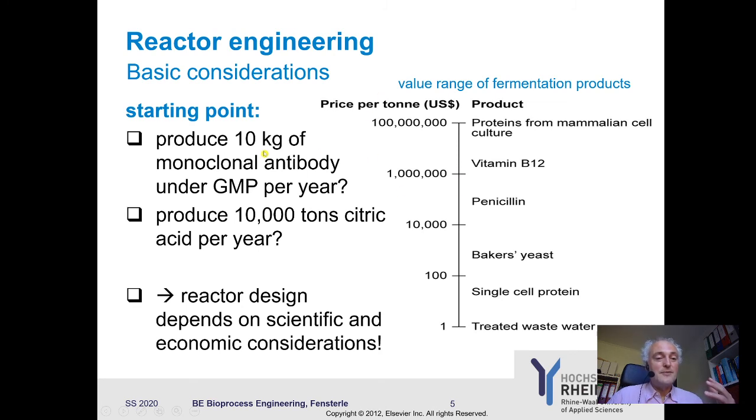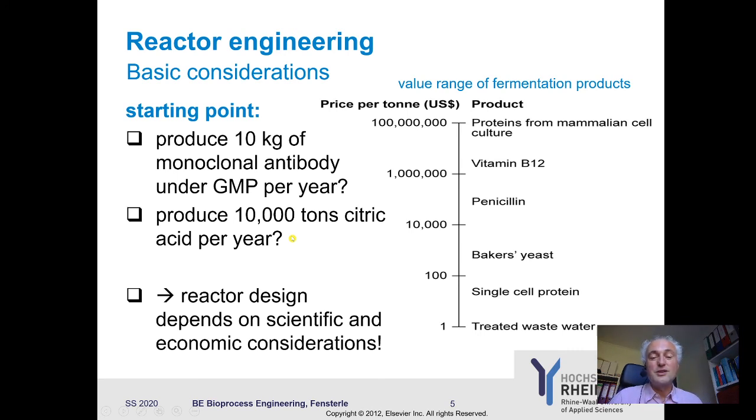Now it depends on what you do and what reactor design you choose based on your value and your need. If you want to produce 10 kilograms of monoclonal antibody per year under GMP, that's of course something different than producing 10,000 tons of citric acid per year.